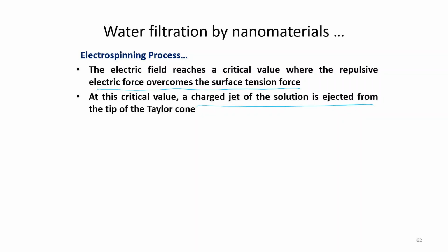At this critical value a charged jet of the solution is ejected. Here you can see this is the spinneret and this was the hemisphere, and due to the electric field, when it overcomes the surface tension, it starts ejecting from the tip of the Taylor cone. This is the tip of the Taylor cone, and the electrospun filaments are generated.